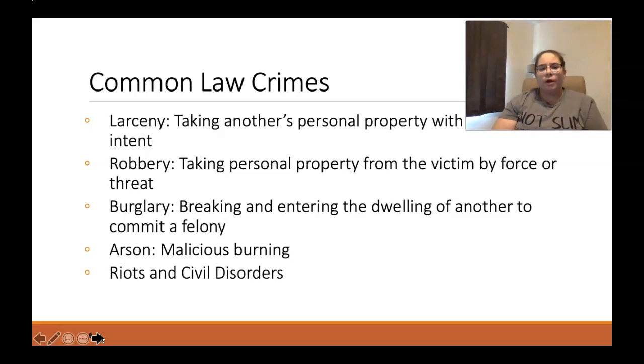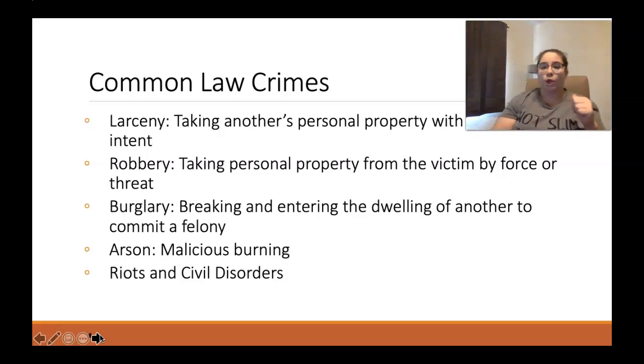Some things for you to understand. I think I've already mentioned the difference between common law and statutory law. But basically what happened, particularly for criminal law and penal code statutory law, is we had this understanding and development of common law, right?